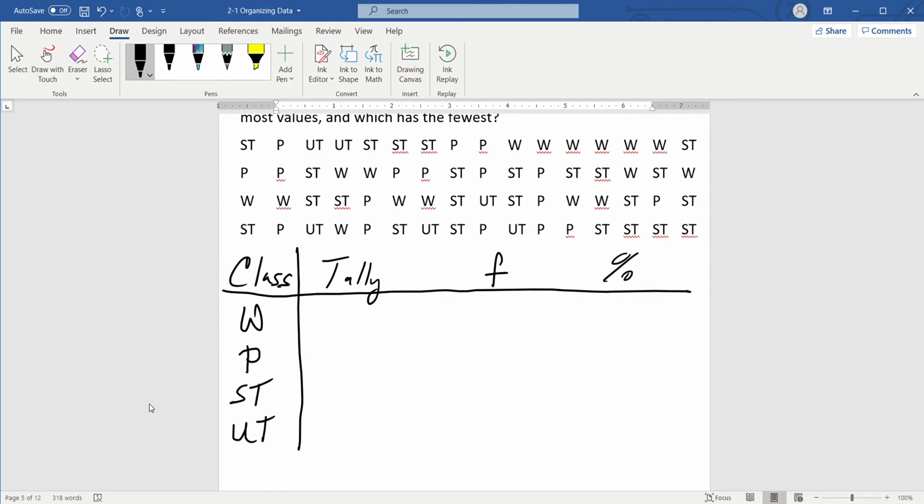Okay, so now tallying. Waters. Looks like I got 17. Okay. Pops. Same thing, 17.